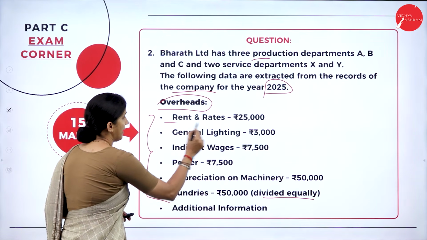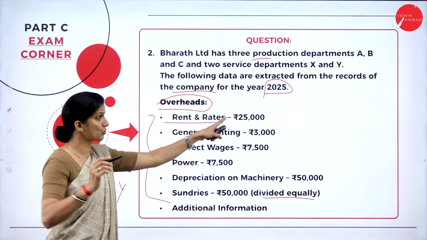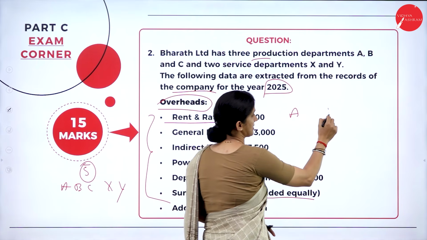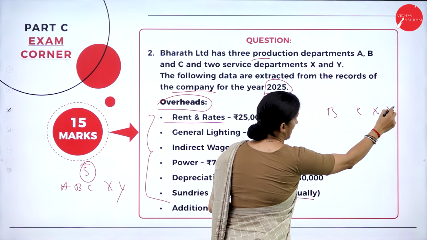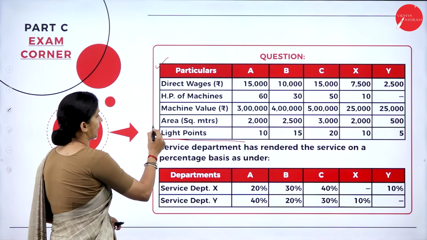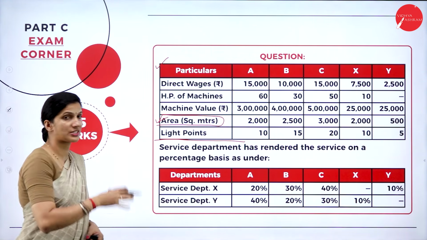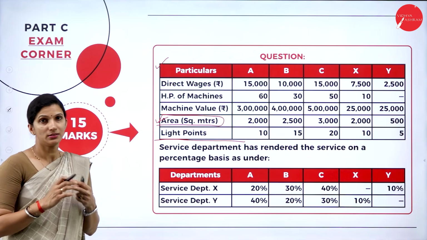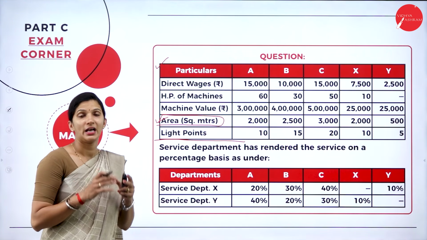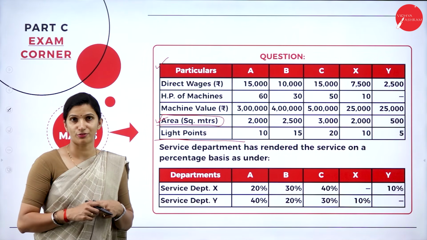First we have rent and rates, to allocate rent and rates of 25,000 to all the 5 departments, that is A, B, C, X and Y. What are the bases that you will use from this? For the rent allocation, always you will be using area. To allocate the rent and rates expenses, area will be considered as the basis of apportionment.